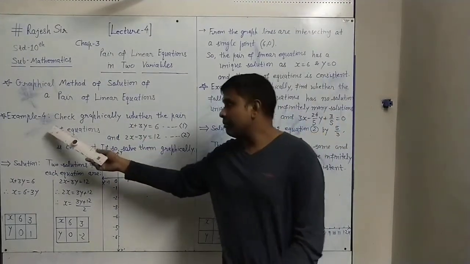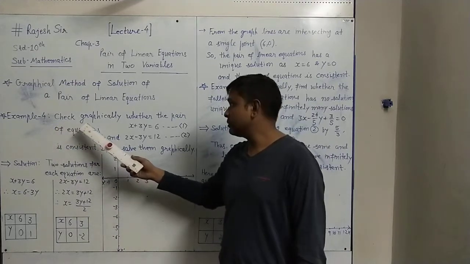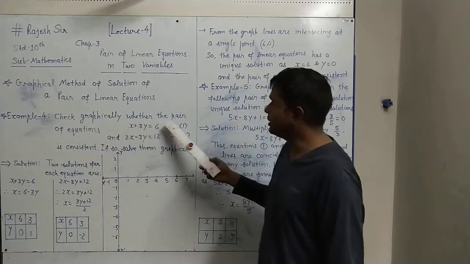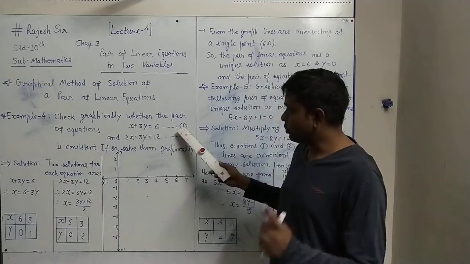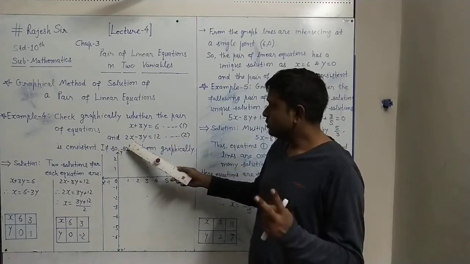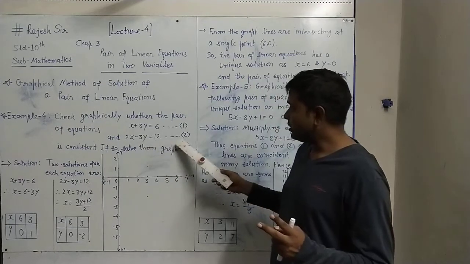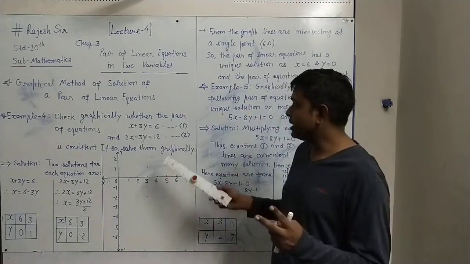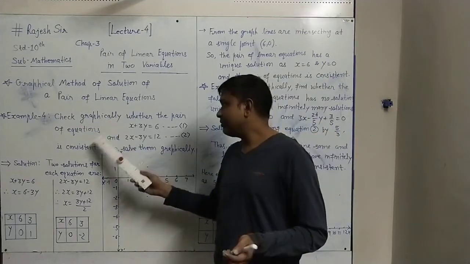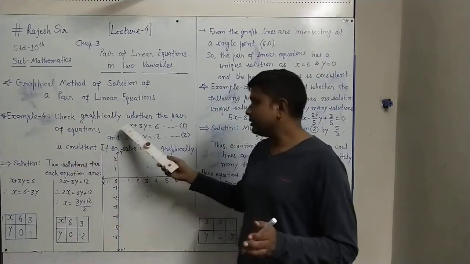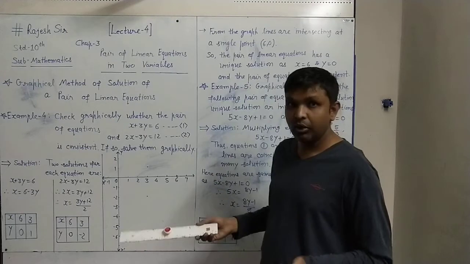The example 4 in our textbook is: check graphically whether the pair of equations x plus 3y equal to 6, equation 1, and 2x minus 3y equal to 12, equation 2, is consistent or not.